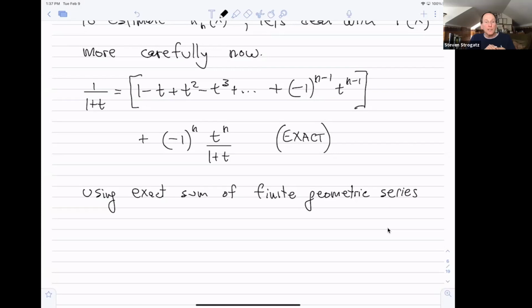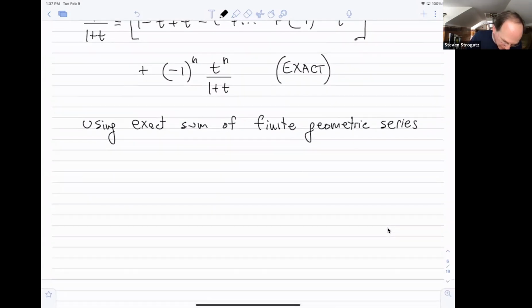Okay, so that formula is exact, and why that's helpful for us is that now when we do our f of x properly, we can estimate the remainder term from this leftover piece at the very end of the line above.